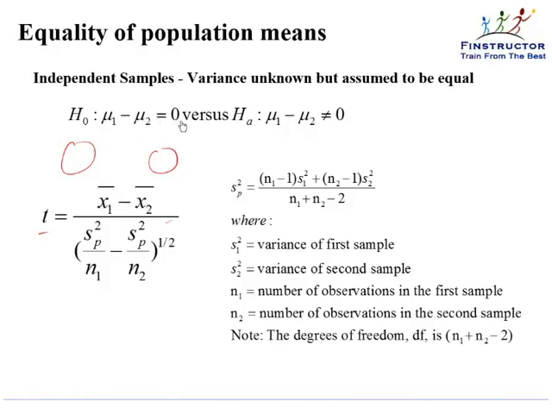The hypothesis is that the means are the same, or mu1 minus mu2 is 0. So this is how we can calculate the test statistic. You do not need to remember the formula. The procedure of hypothesis testing remains the same. Only thing, we will now use a t distribution or a t statistic, and the calculation of the test statistic will differ slightly.